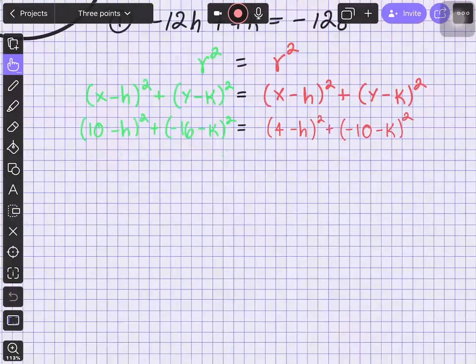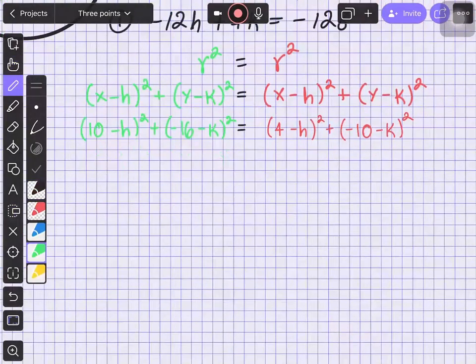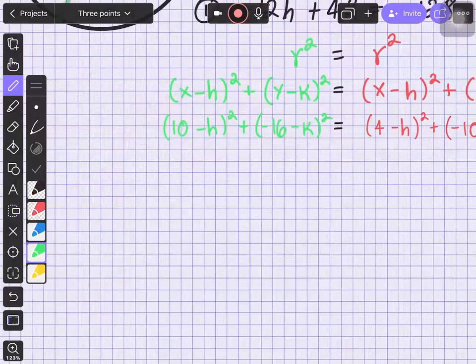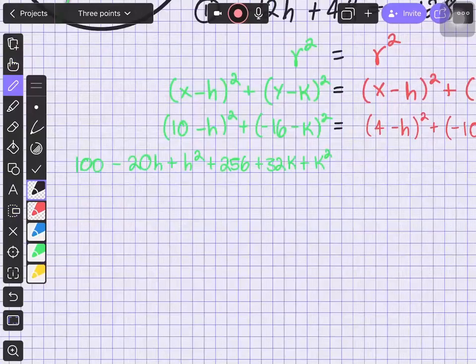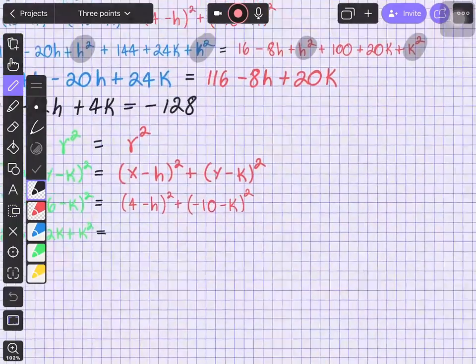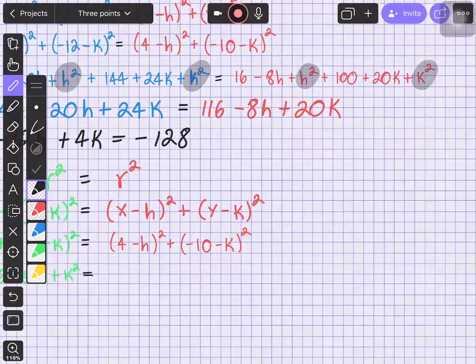All right, now let's develop the green side. Let's expand the binomials. We have 100 minus 20h, and then h squared. 16 is 256 plus 32k, and k squared. And this expansion we already have. Here it is.